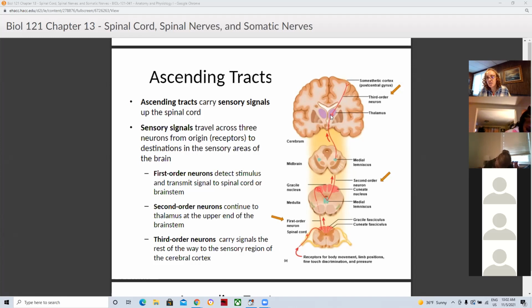Because this is the first time that we've actually seen a sagittal section through the brain, how are the white and the gray matter arranged here? Remember that the gray matter is the darker matter, the white matter is the whiter matter. The gray matter is on the outside and the white matter is on the inside.